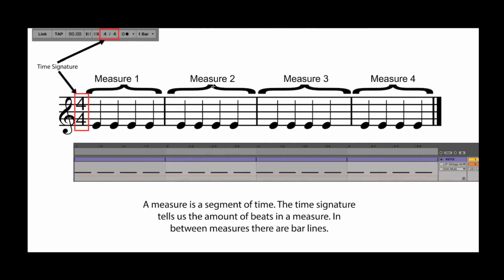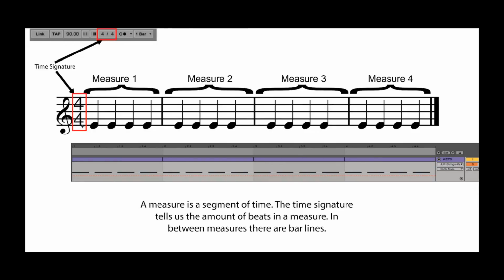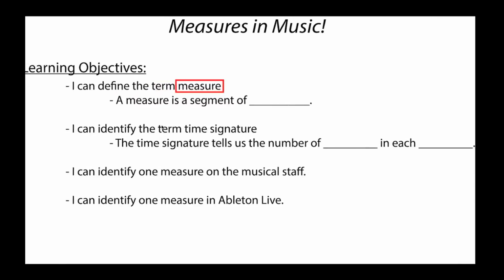And remember, the time signature is the numbers at the beginning of the staff, or in Live, the number in our top corner. And for most of our lessons, we're just going to be using 4/4, which means there are 4 quarter notes, or 4 beats, in each measure.